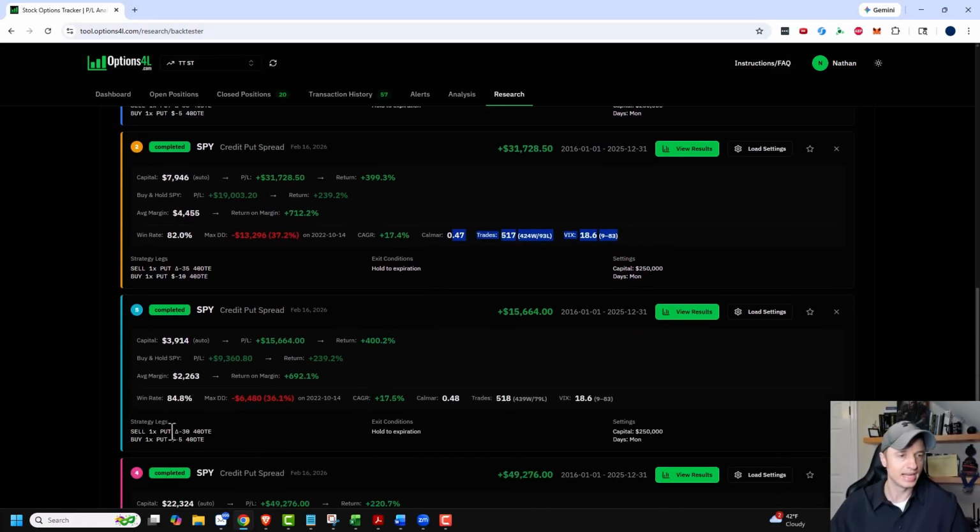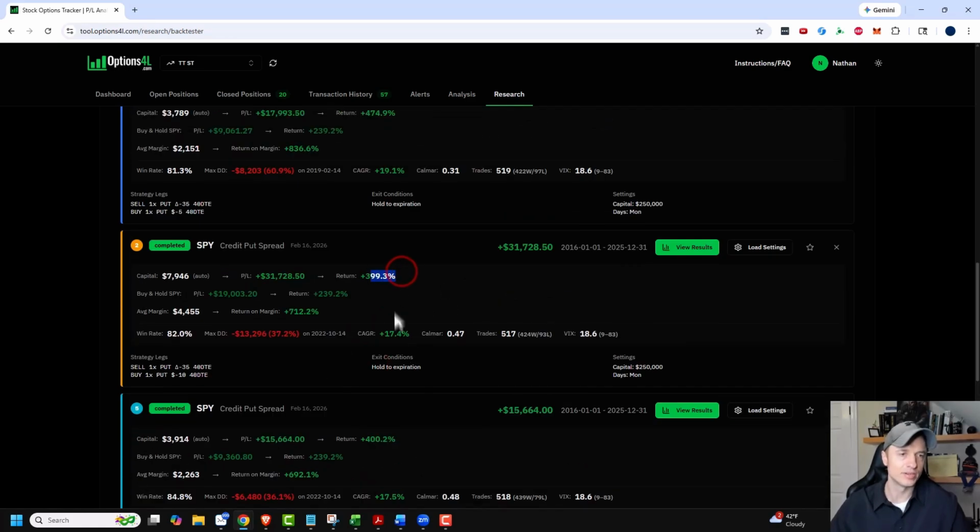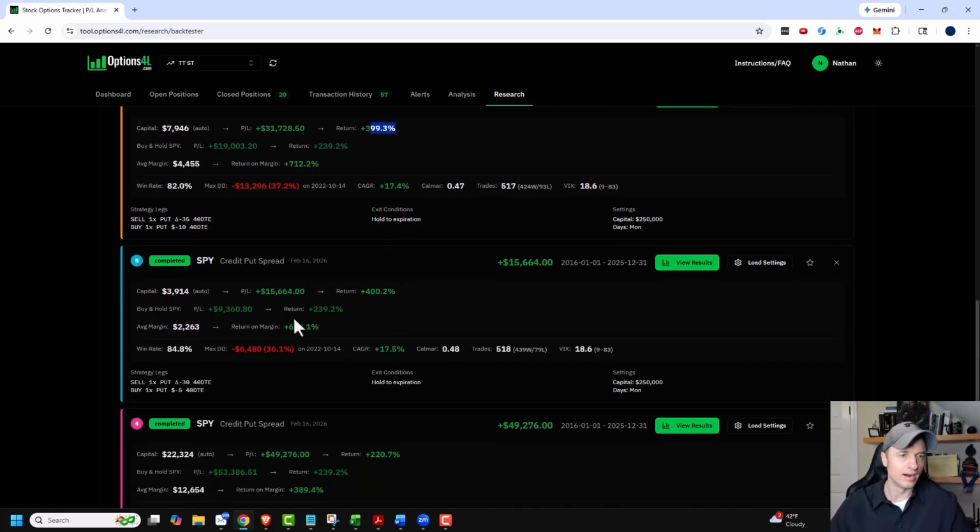So this was at a 30 delta and a $5 offset. So pretty similar. You can see kind of a trend. The higher delta with like a smaller offset seemed to do the best in these particular case studies. Our capital for this trade was $3,914, return of 400%. So, they're pretty similar to the previous one. Our return on margin was 692%.